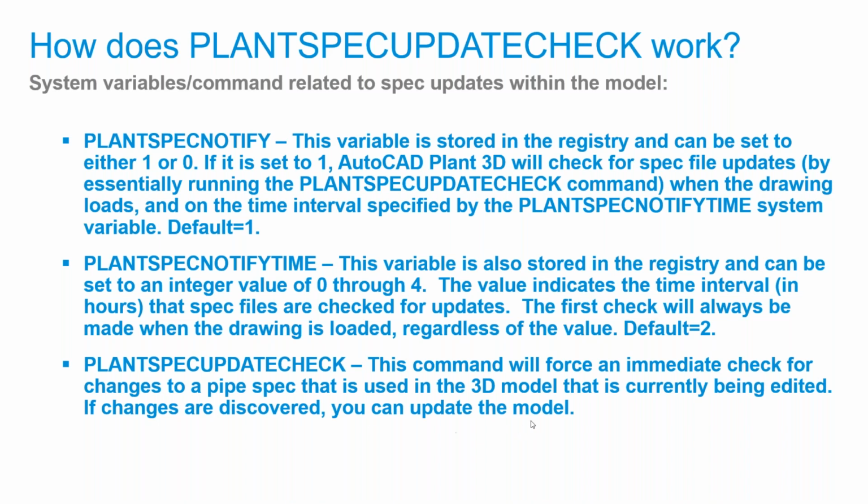If changes are discovered, you can update the model, or as I said before, you could also create a different workflow where you update the properties in that moment, but you close this geometry update panel because you want to step through all the parts individually by the use of the data manager.